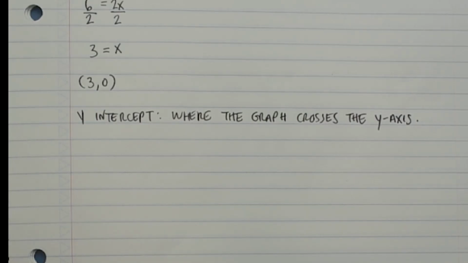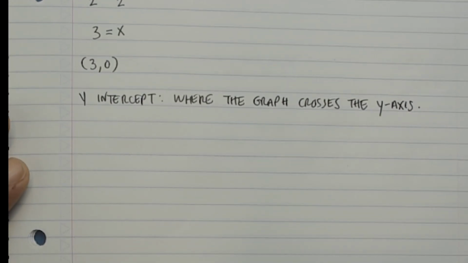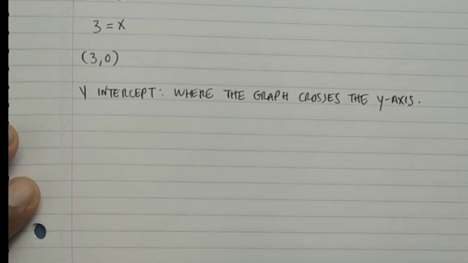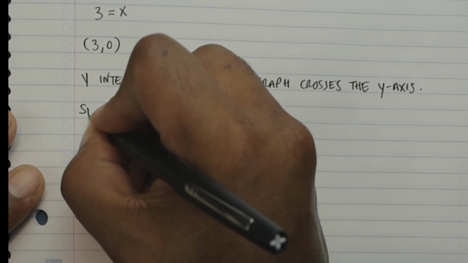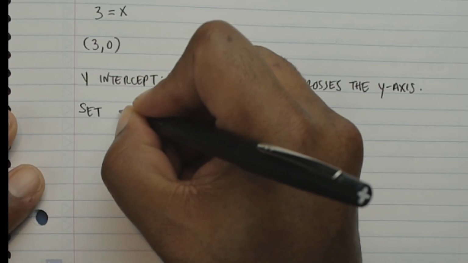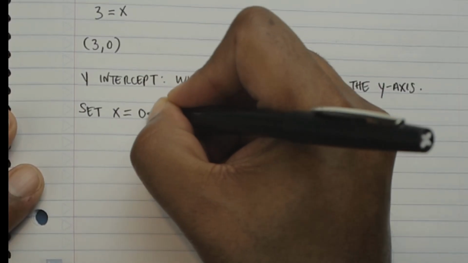Where the graph crosses the y-axis. So every point on the y-axis has an x-coordinate of 0. So to find a y-intercept, we have to set x equal to 0.